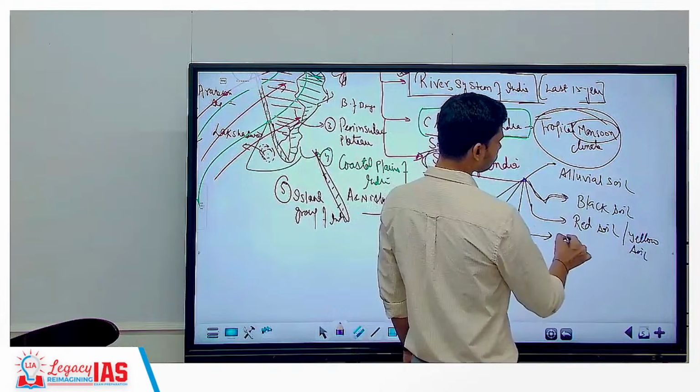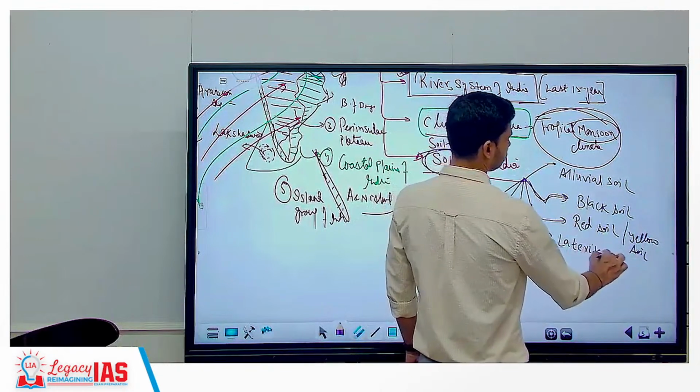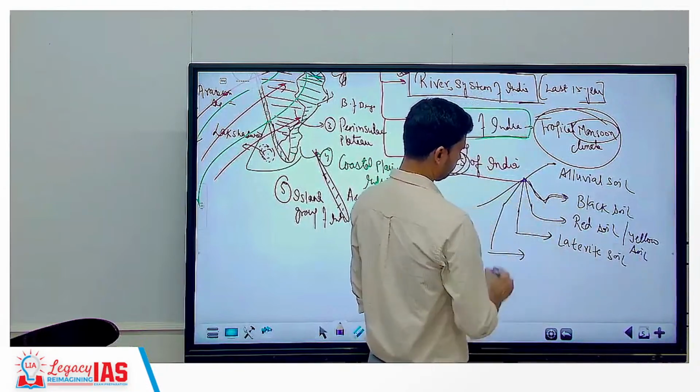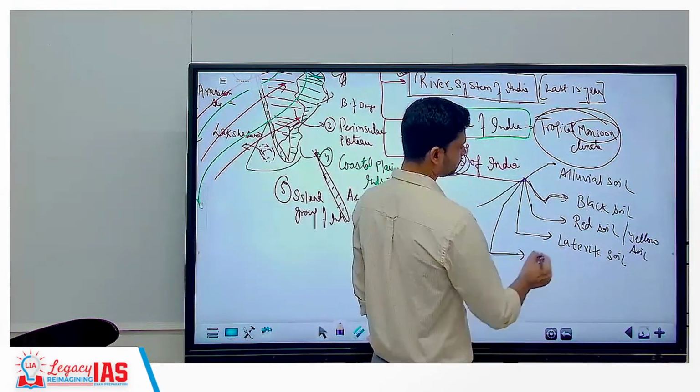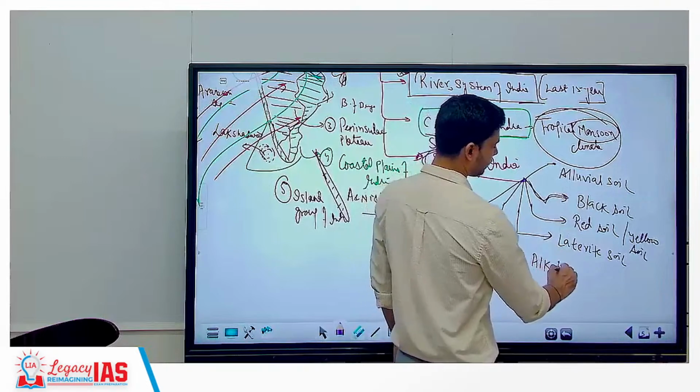Then we have laterite soil. Then we have alkaline or saline soil.